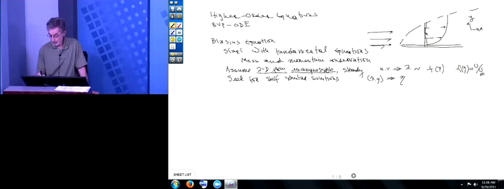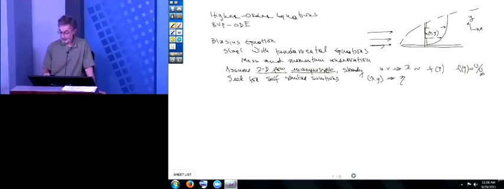So this is u, a function of x and y. Right? So we convert u of x and y into an f, which is a function of eta only.